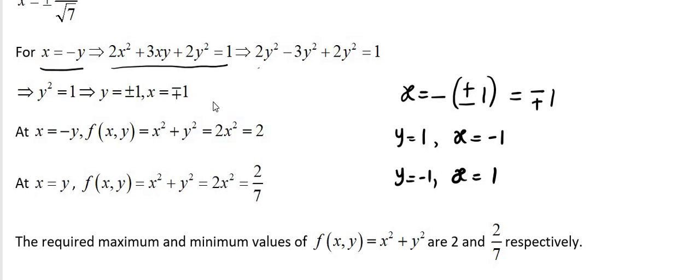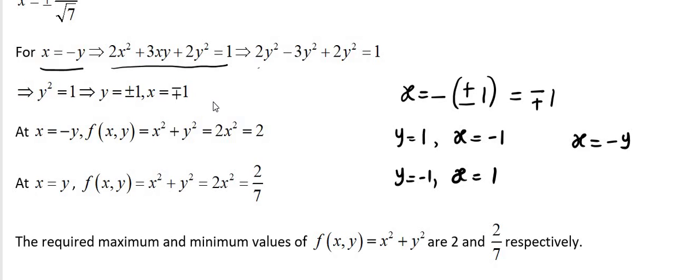Now I am going to find out f of x comma y in both cases. At x equal to minus y, f of x comma y equal to x square plus y square. But here observe, I am taking the y value from this equation x equal to minus y.